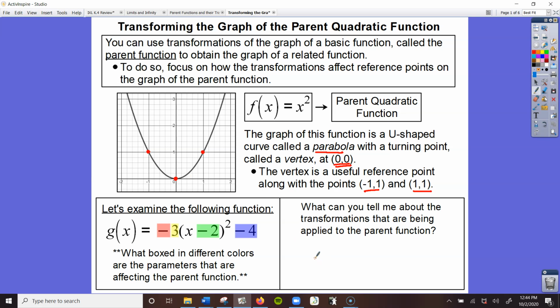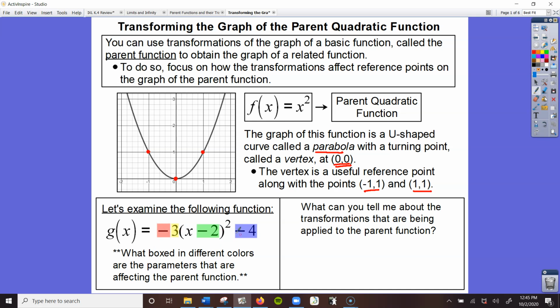So first we're just going to practice how to see what transformations are being applied. If we look at the equation g(x) = -3(x - 2) squared - 4, remember, the parent function is x squared. Everything that you see highlighted in a different color represents those different transformations.